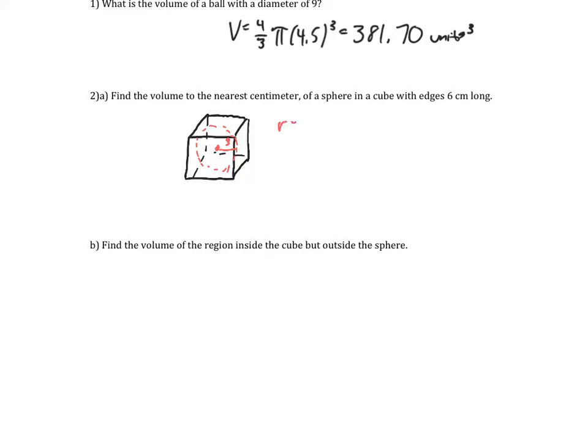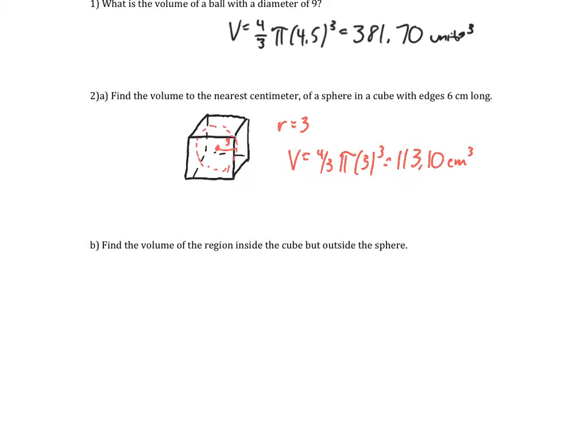So the r of my sphere should be 3. So the volume of that sphere should be 4/3 pi times the radius cubed, which comes out to 113.10 centimeters cubed.